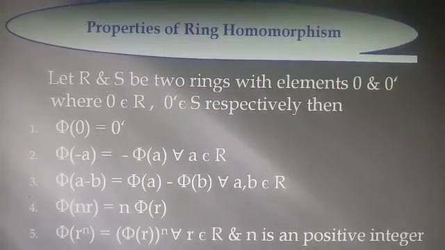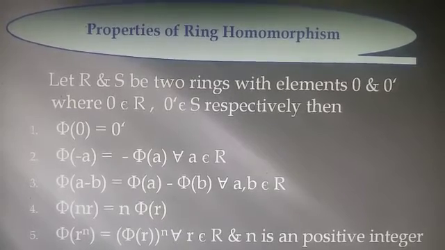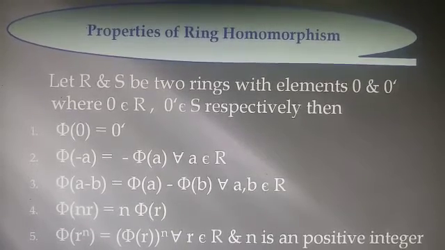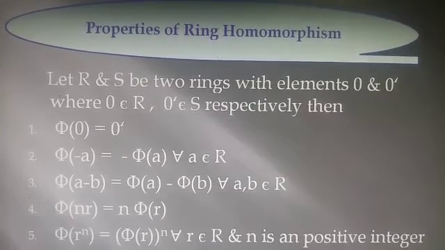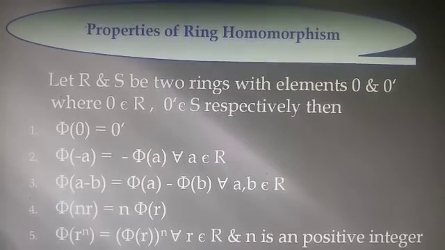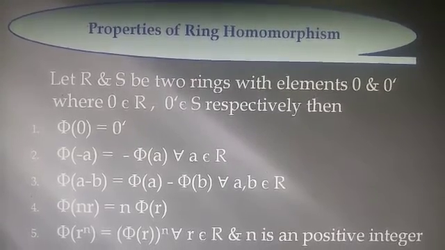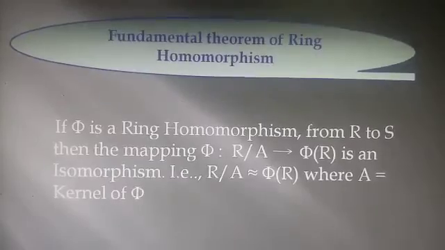Then the following are five properties which will be used to solve problems, and we also use these properties for proving theorems. The same properties can also be expected as questions in your exams. Now we'll move to the last slide.